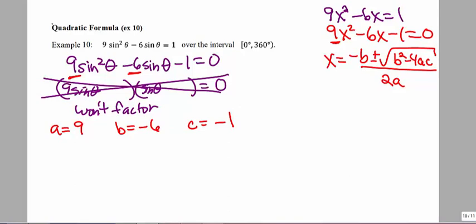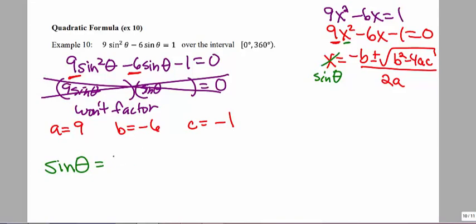So instead of writing x equals, or theta equals, excuse me, we want to be careful. Over here in our analogy, x represents sine theta. So if we go back and replace that, what we're actually solving for is sine theta equals, what we're actually getting is a sine value. And we have to determine the angle that would have this sine value.